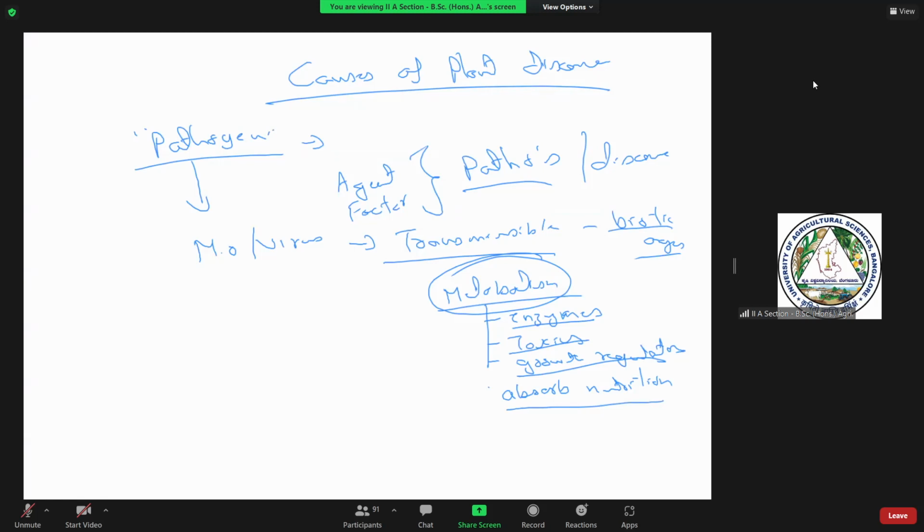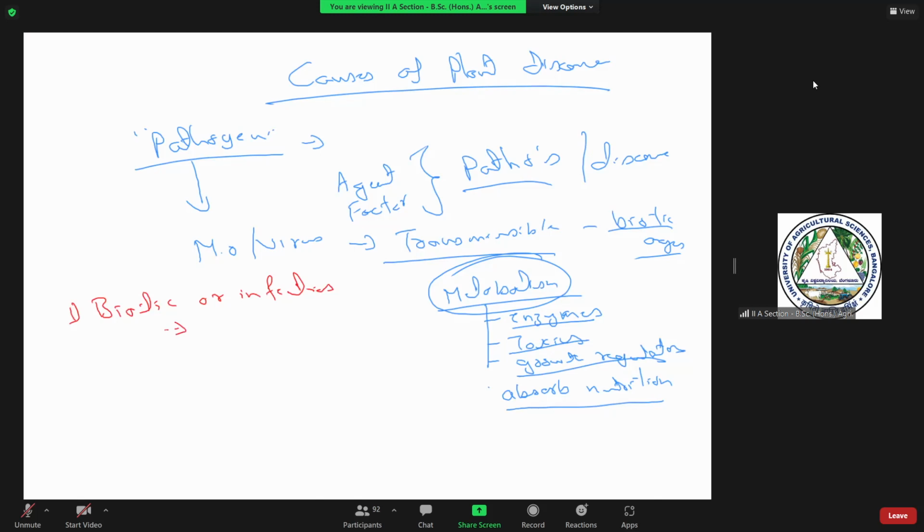So basically, if you see, plant pathogens are grouped as biotic, or infectious. Biotic is basically a biological agent, or it should be infectious to cause a disease.